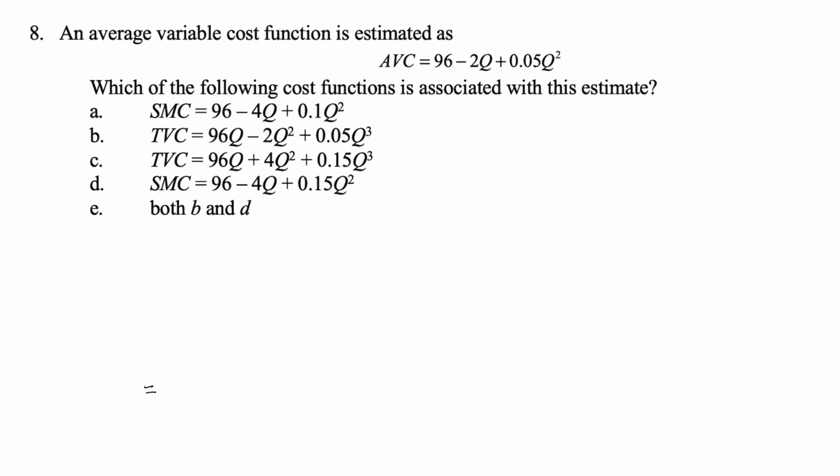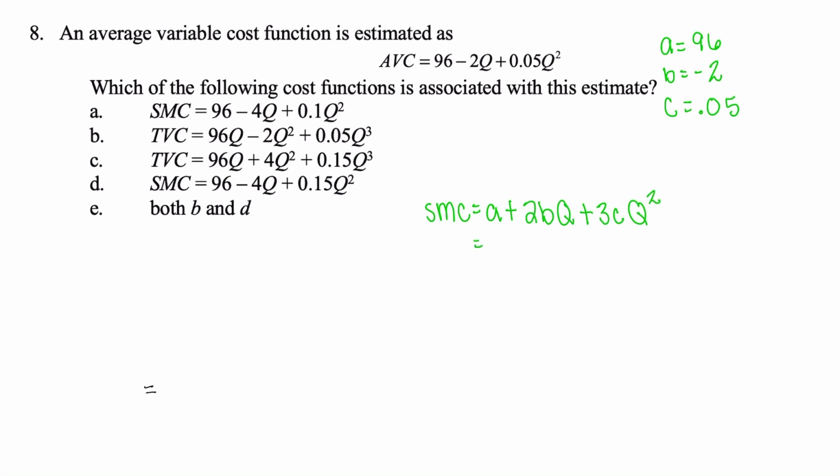Question 8 says an average variable cost function is estimated by 96 minus 2q plus 0.05q squared. This means that our A, as defined in the chapter, is 96, our B is -2, and our C is 0.05, which means our short run marginal cost is defined as A plus 2BQ plus 3CQ squared.